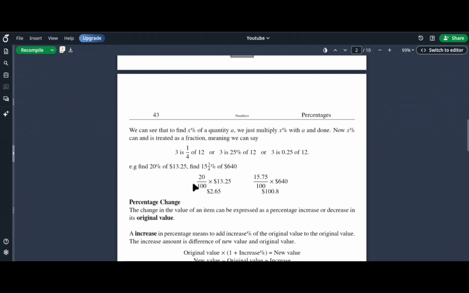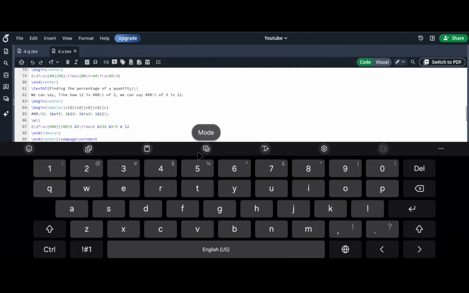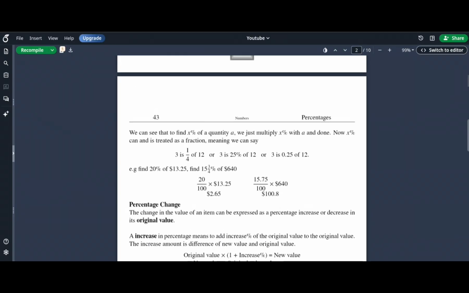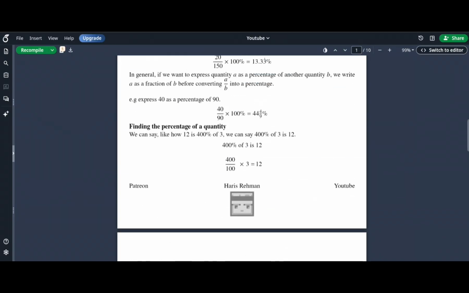I don't know why I'm making it complicated for myself or for you guys. The equals sign, the 'of' meaning multiply, and the 12 being the original quantity. That's how it is.